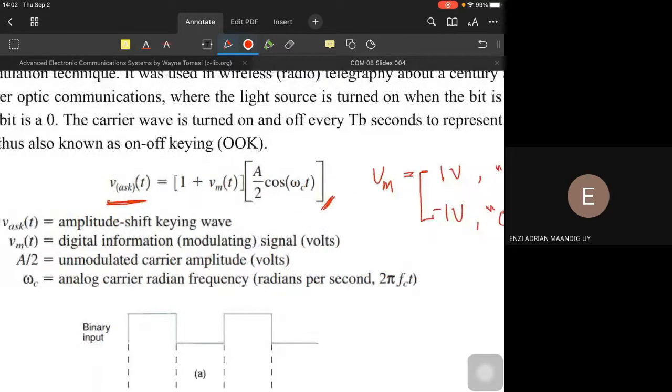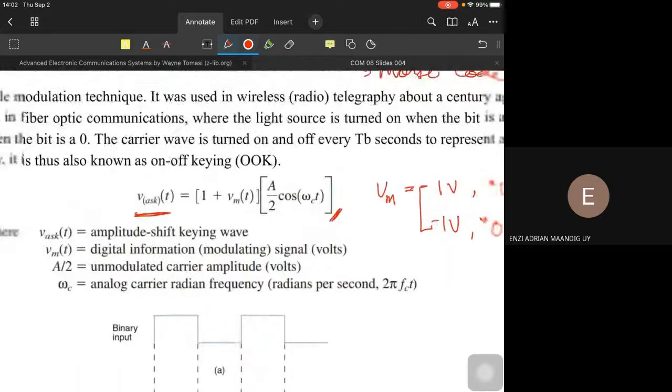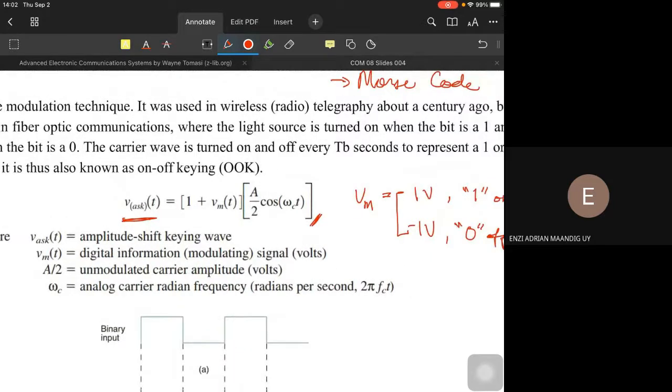So if we replace this with 1, okay, what will happen? 1 plus 1, so 2. Cancel siya sa 2 dire.